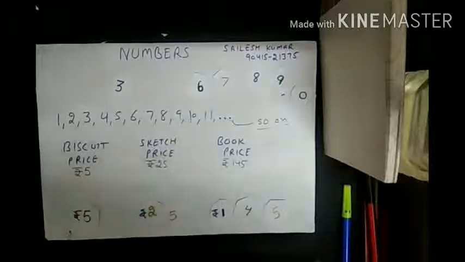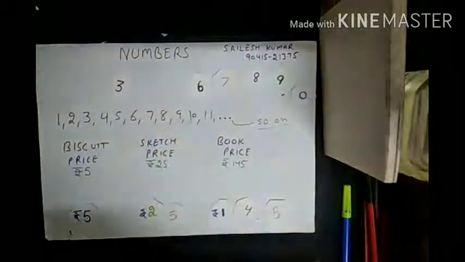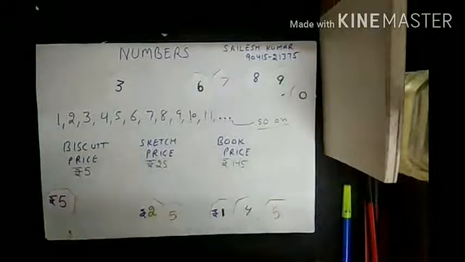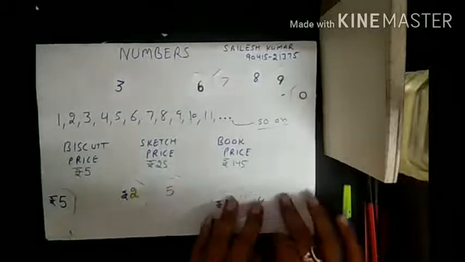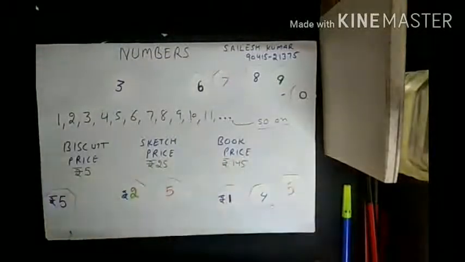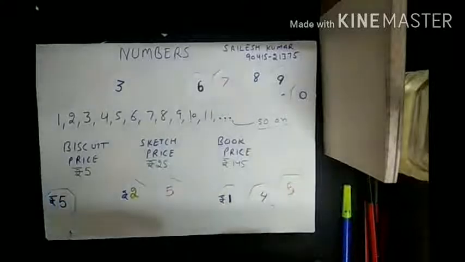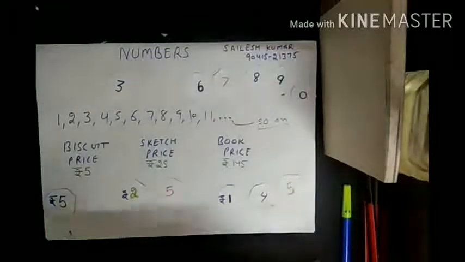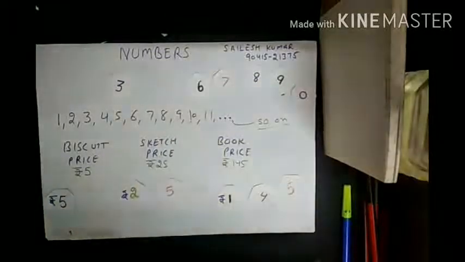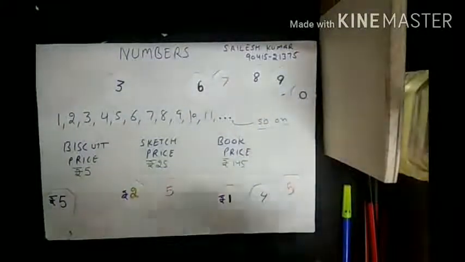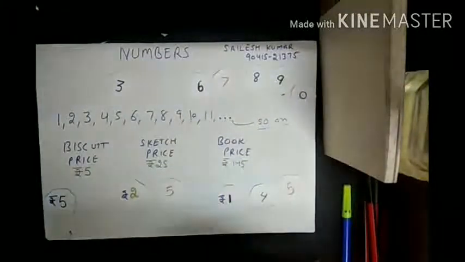Clear? The digits can form the number individually, in a group of 2, in a group of 3, and so on. They can be written in a group of 5, group of 4, group of 6, and so on. Okay? Thank you.